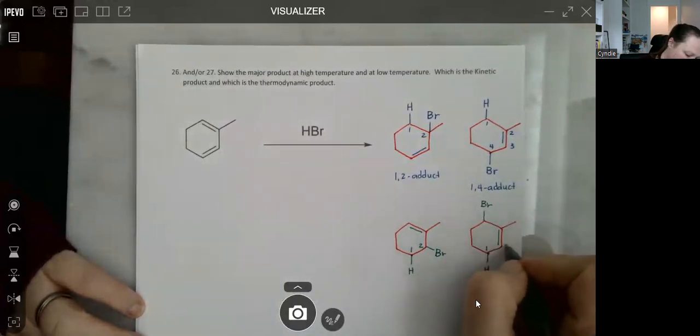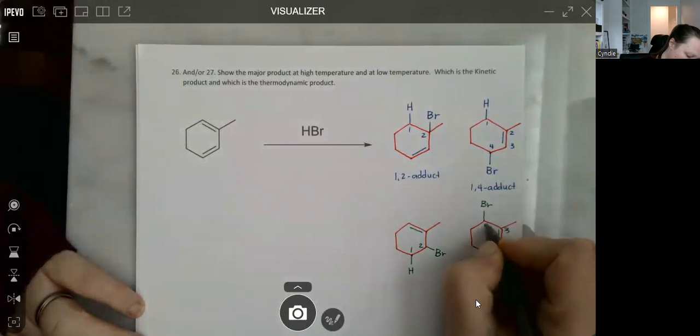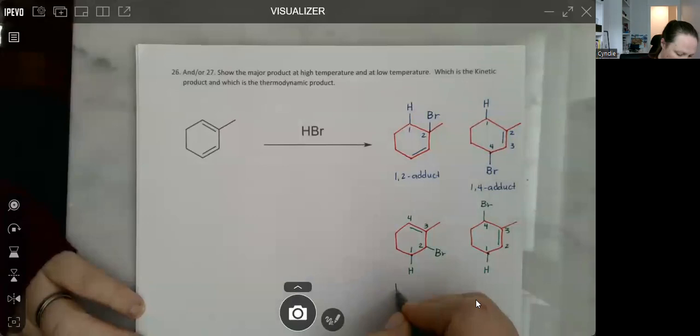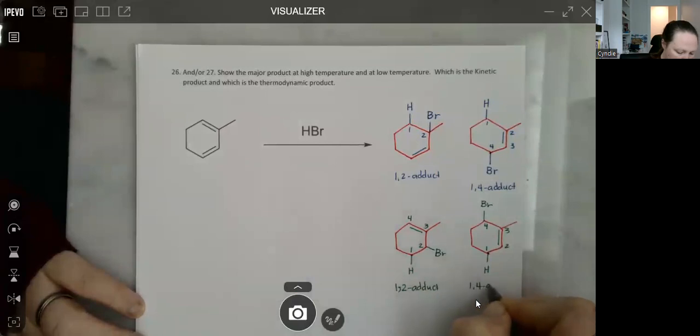So this would be 1, 2, 3, 4. So again, the 1, 2 adduct versus the 1, 4 adduct.